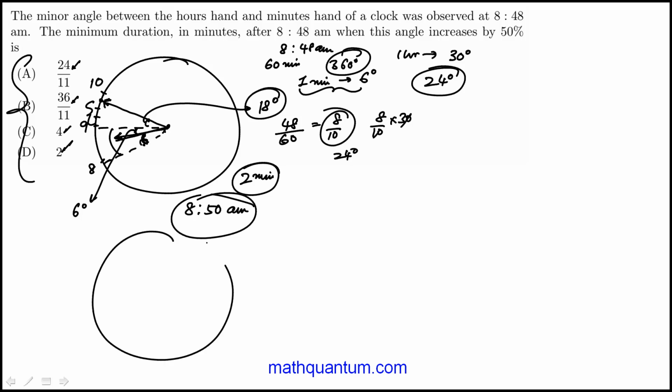So that's a little bit easier because we know that at the 10 position is where the minute hand would be. And so this would be 9. And so hour would be here, would have moved closer to that horizontal line. So that angle, we know is 30 degrees because 9 to 10.